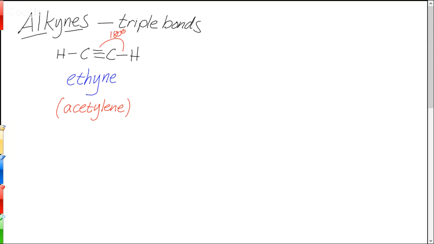We don't bend things. So if we wanted to make like hexyne, for instance, you would go 1, 2, 3, and there's 4, so 3-hexyne, 5, 6. And that would be 3-hexyne. So you keep it going straight instead of taking another zigzag because of the linear bond there. And that would be the same thing if it's up at the beginning of the chain too.